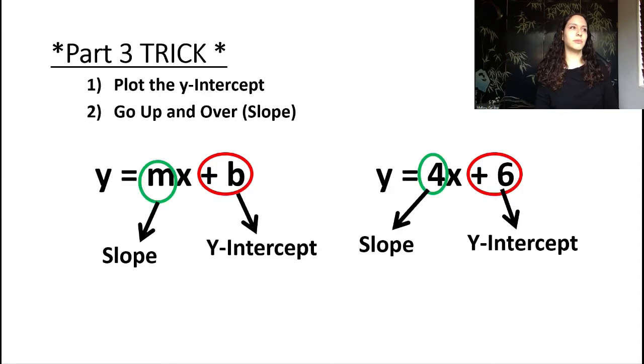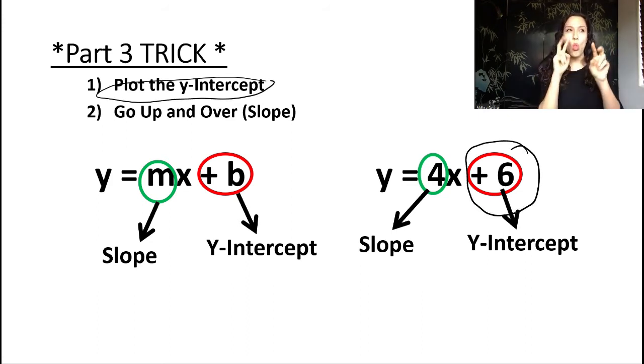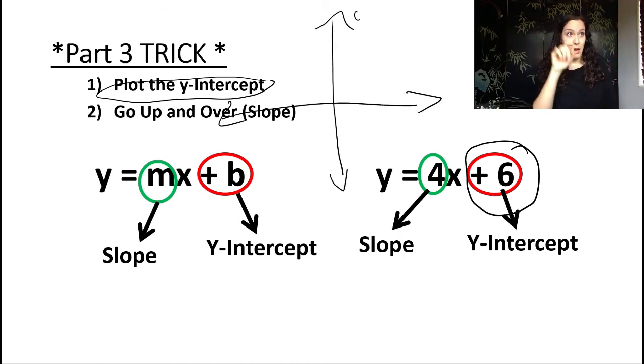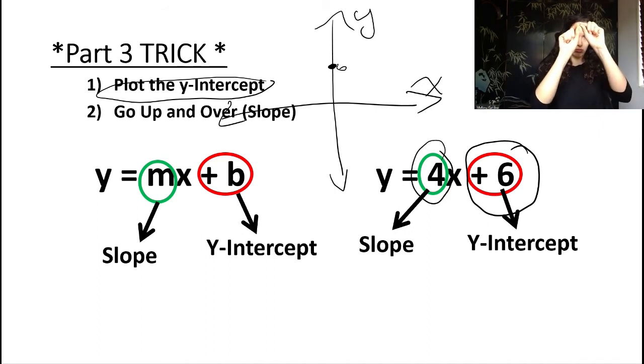So for the trick, what you're going to want to do is plot the y-intercept automatically. So look for the constant, find 6 where it is on the y-axis, where this is y, this is x. So wherever 6 is, you're going to automatically put that point. But then you're going to look at the slope.